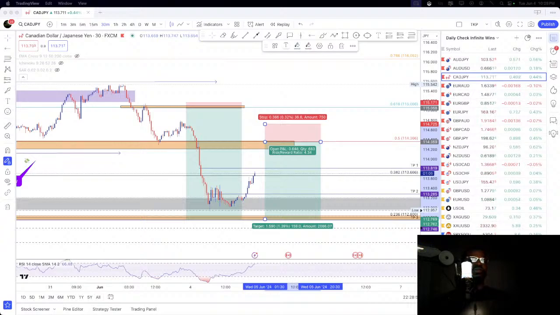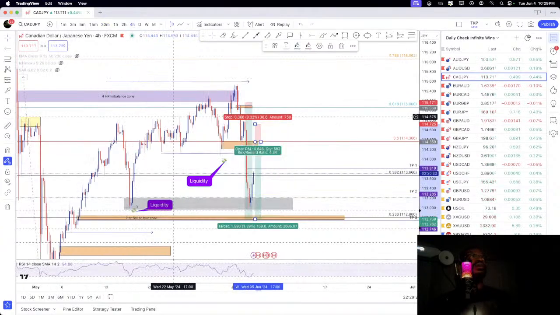Okay, so from here, we are heading to take a look at, what was it, USD JPY? Hold on, I have one more entry myself. Let's see how that lines up with the 4 hour. Okay.